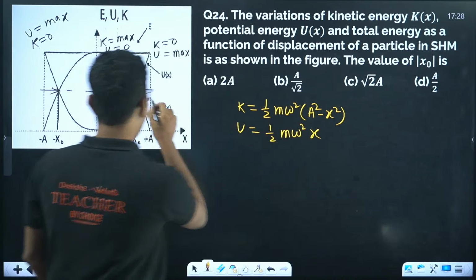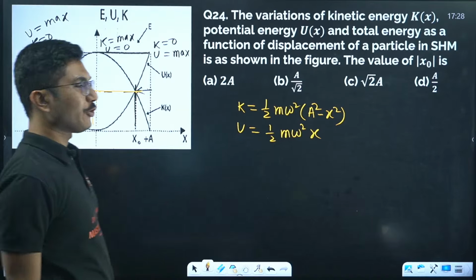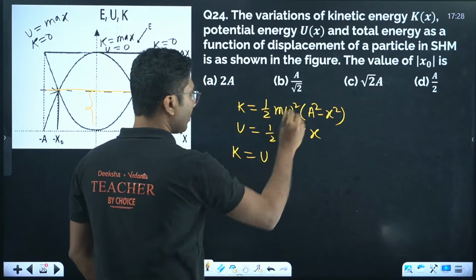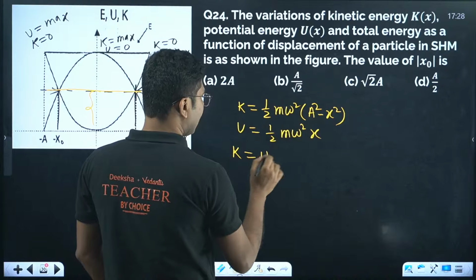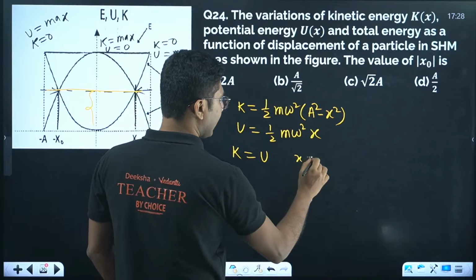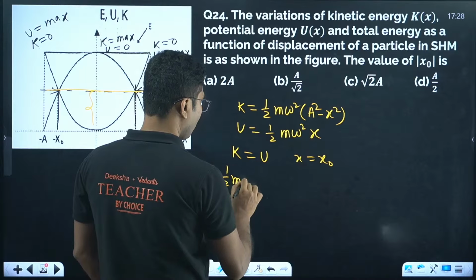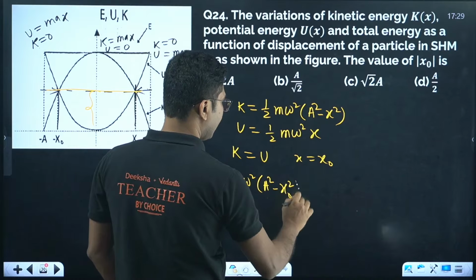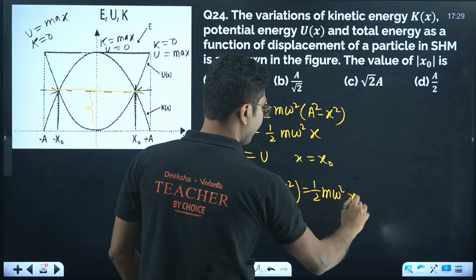At these 2 points the y value is the same, so K equals U. For x equals x naught, K equals U. Put the values: half m omega square (a square minus x naught square) equals half m omega square x naught square.